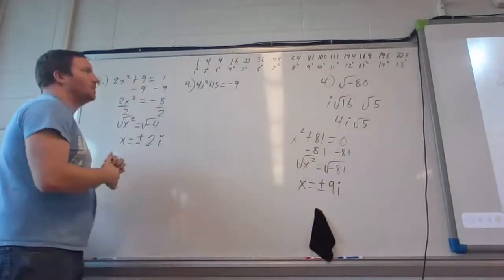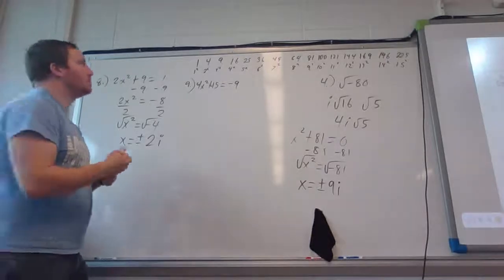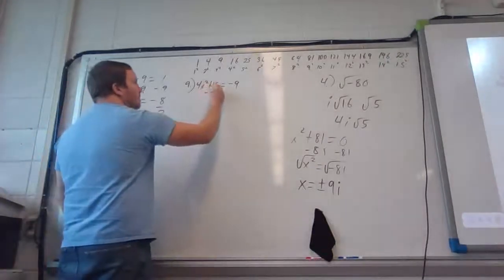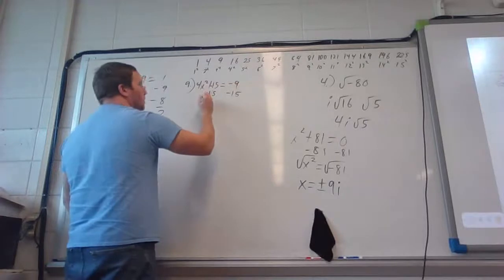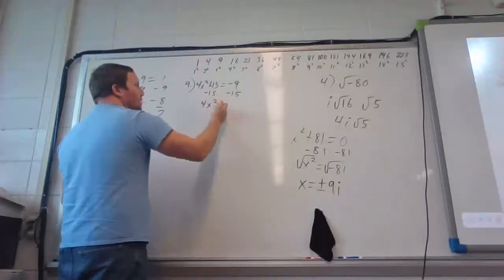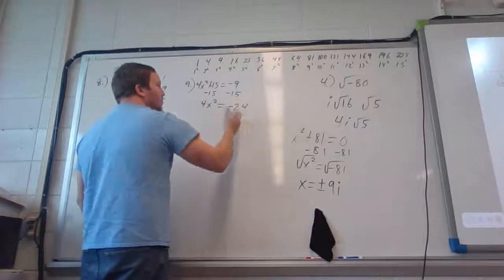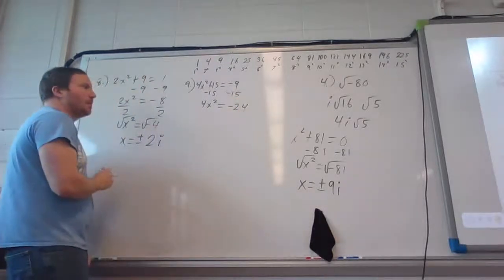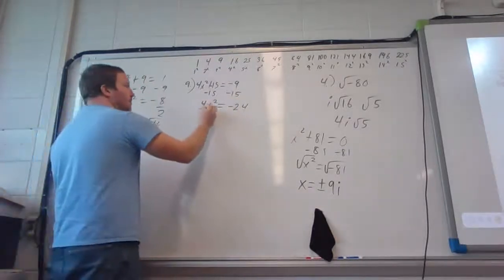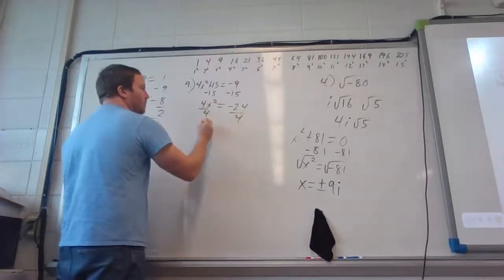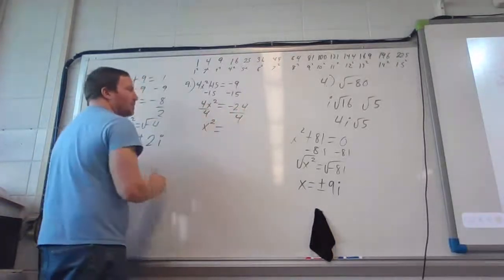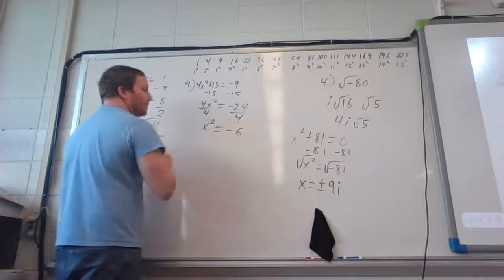First thing we need to do, subtract 15. It's 4x squared equals negative 24. Divided by 4, we get x squared equals negative 6.